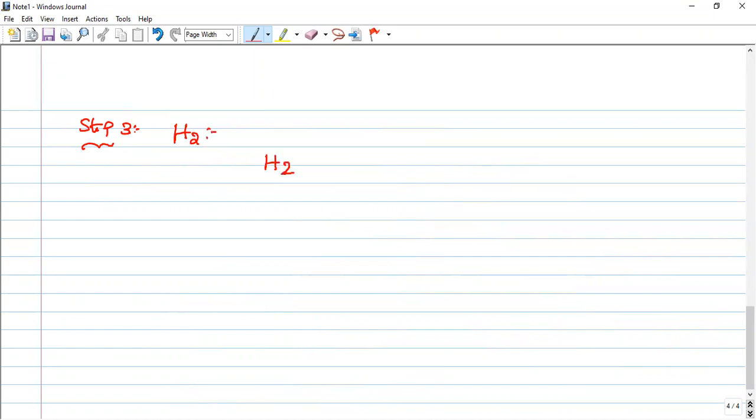For H2, small n is equal to 2. So H2 is H1 Kronecker product of H2 minus 1, and 2 minus 1 is 1. H1 is already given in the definition itself. So now calculate H1 Kronecker product H1.